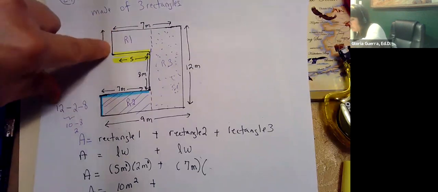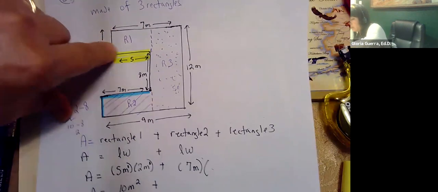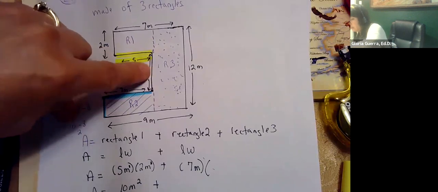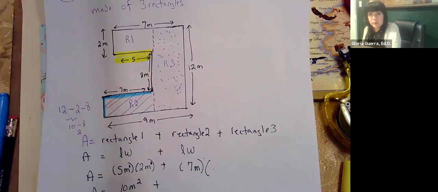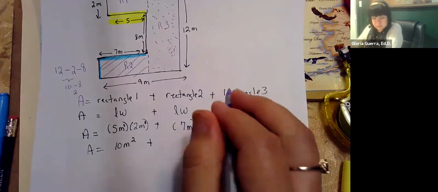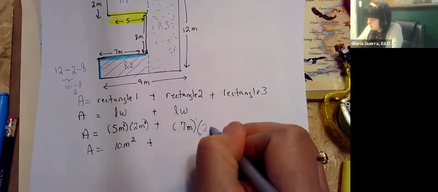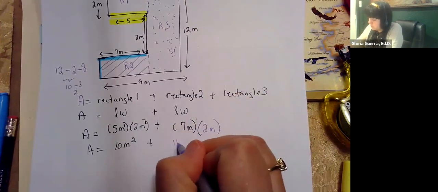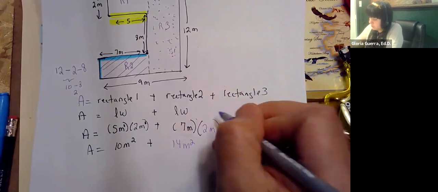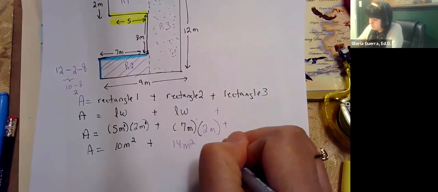That leaves you with that left over. So I've got 7 meters times 2 meters, which is 14 meters squared.